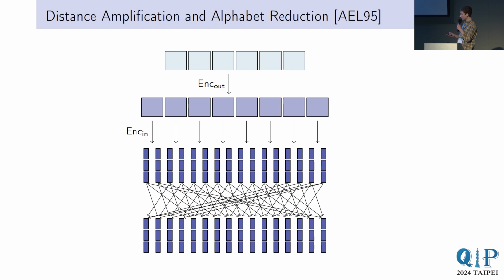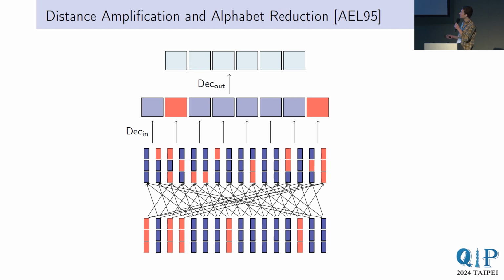But at a high level, the idea is just to take a message, encode it in an outer code, and then concatenate that with an inner encoding, and scramble the symbols with a permutation given by an expander graph. And the point is this permutation, when you do decoding, scrambles the errors so that they're not concentrated within any inner code block.